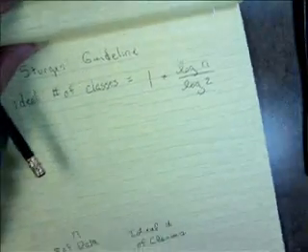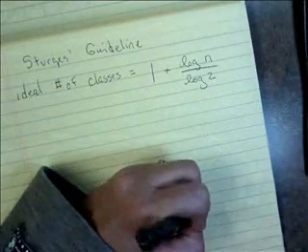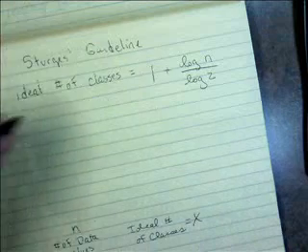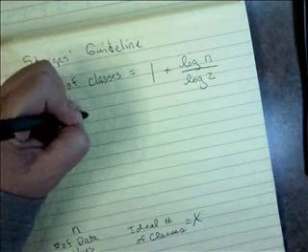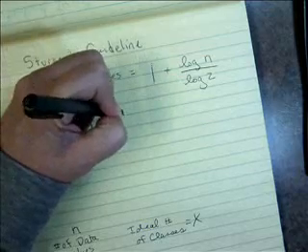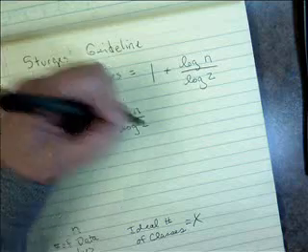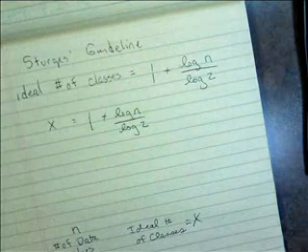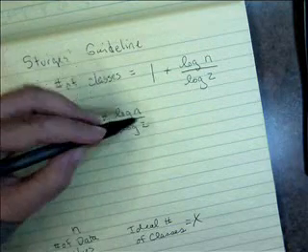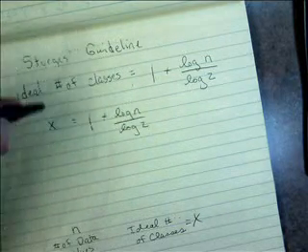So to do that, I'm going to let my ideal number of classes equal a second variable x, and so ideal number of classes, x equals 1 plus log of n over log of 2. I'm going to use my properties of logarithms to solve in terms of n, because that's what I'm missing from my table down here.